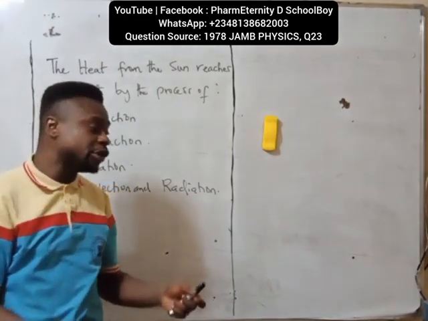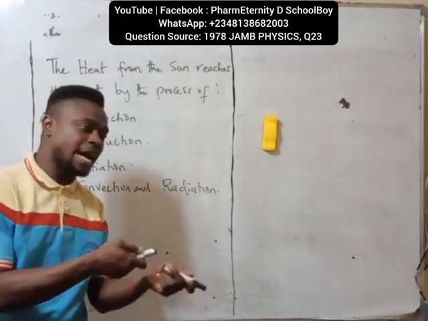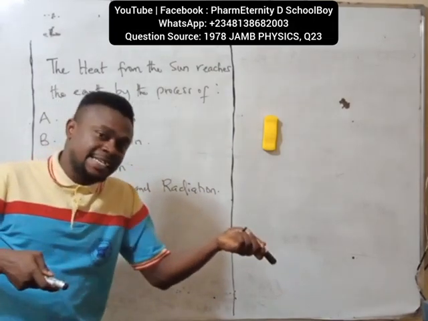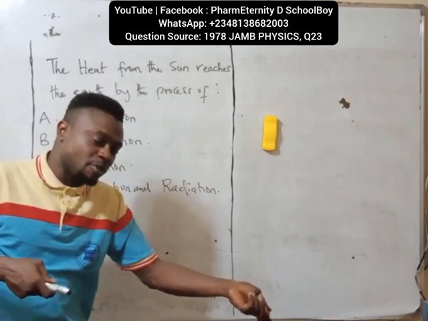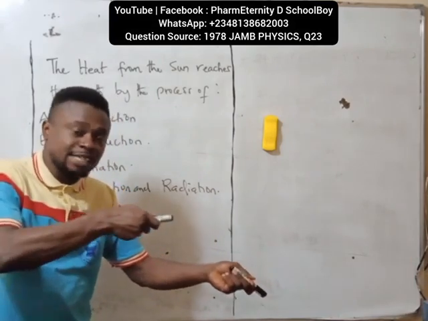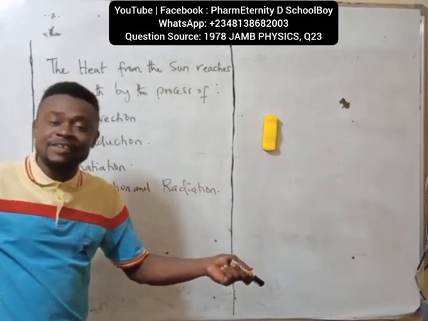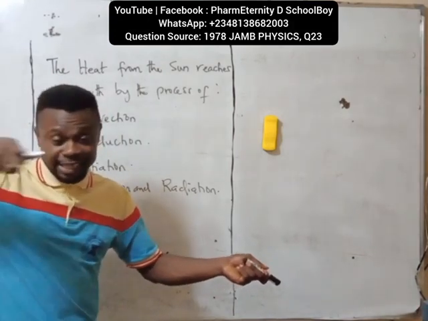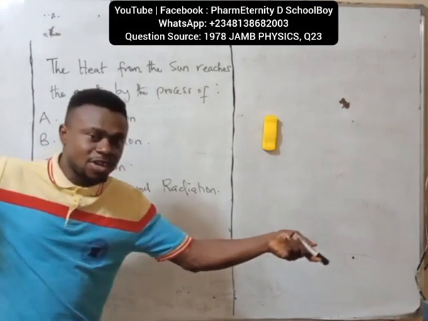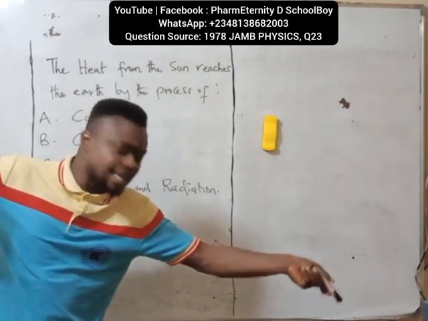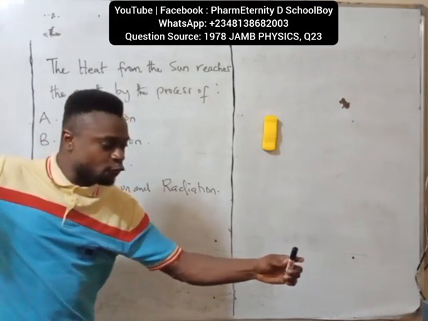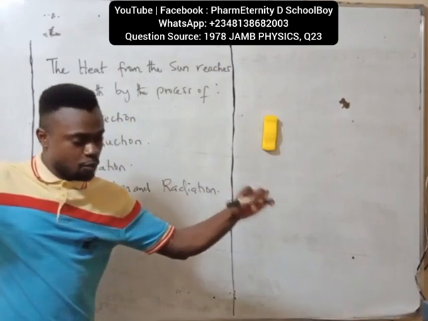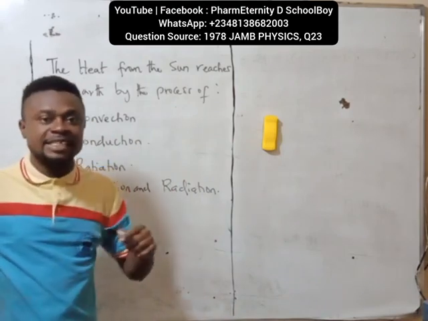That's what happens when you use a metal. When you are cooking with a metal spoon, the part of the spoon in direct contact with the heat in the pot, in a few seconds, the heat will get to your hand if the end of the spoon is not insulated, because the heat is conducted from the hotter region inside the pot through the particles of the spoon and gets to your hand.